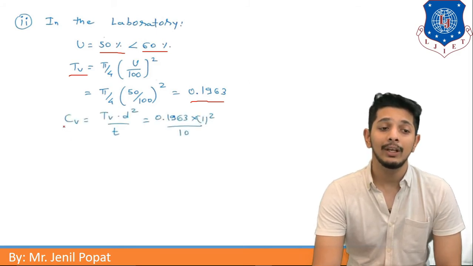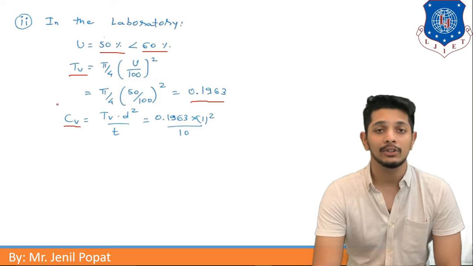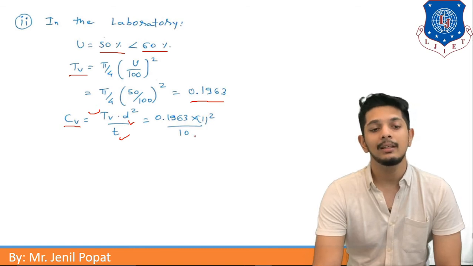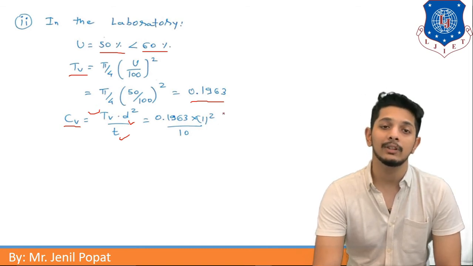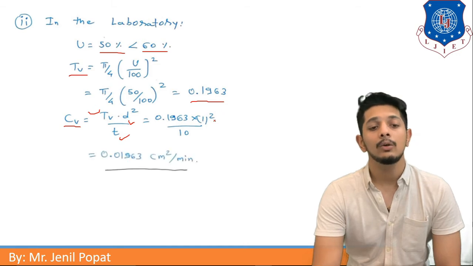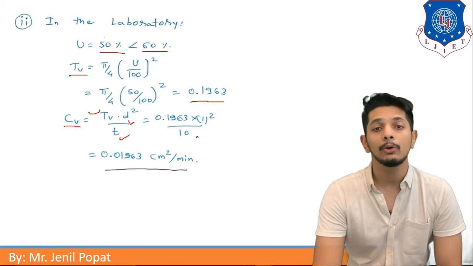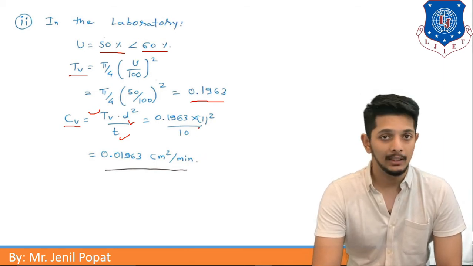Now we can find out value of Cv, the coefficient of consolidation, as we are having Tv, D and t. Putting the value of Tv as 0.1963, D is equal to 1 centimeter and t is equal to 10 minutes, as in the first case. Now value comes as 0.01963 centimeter square per minute, as we have put time in minutes.